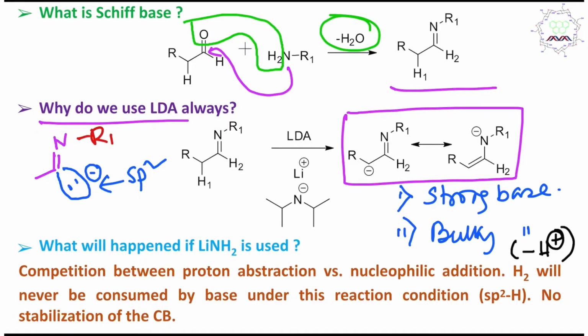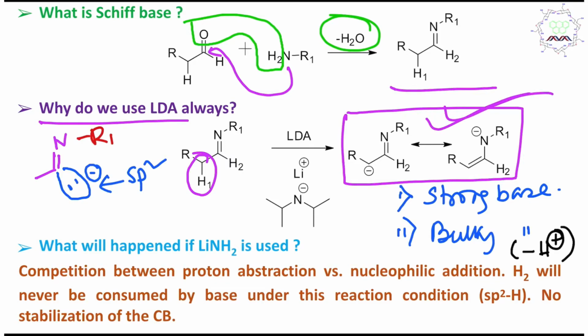So there is no resonance stabilization of this negative charge. That's why, although this H2 is directly attached to this nitrogen, which is attached to this carbon, in spite of being directly attached to the imine group, this hydrogen has relatively lesser acidity compared to these alpha hydrogens, because the corresponding carbanion is resonance stabilized.